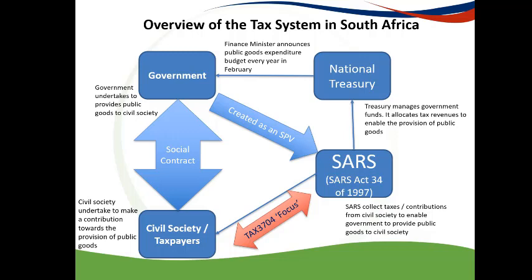It is also tasked with the allocation of these funds for the purposes of providing all the public goods and services to the civil society. The allocation of this contribution is usually presented to the general public in the annual budget by the finance minister. This happens every year in February.